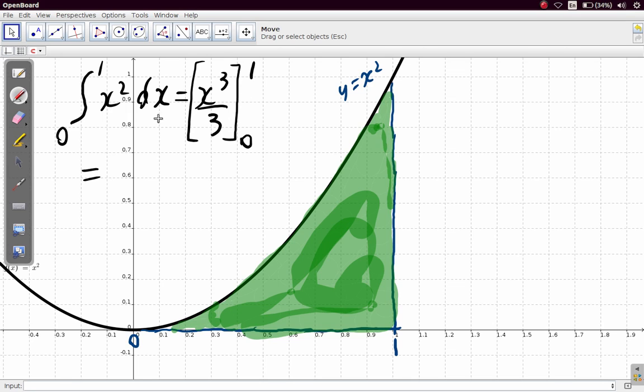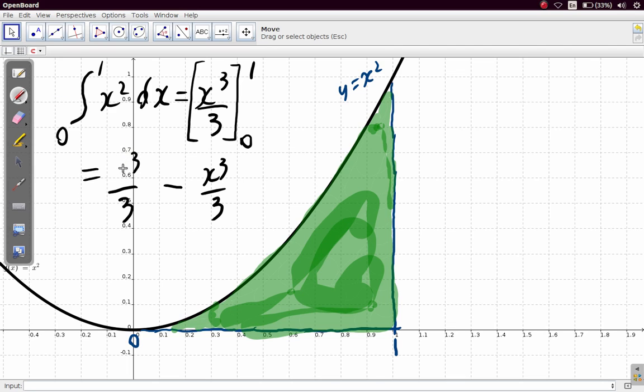Then you have x cubed over 3 at the upper boundary minus x cubed over 3 at the lower boundary. You remember also, you don't bother to use the constant of integration because it will subtract itself anyway.